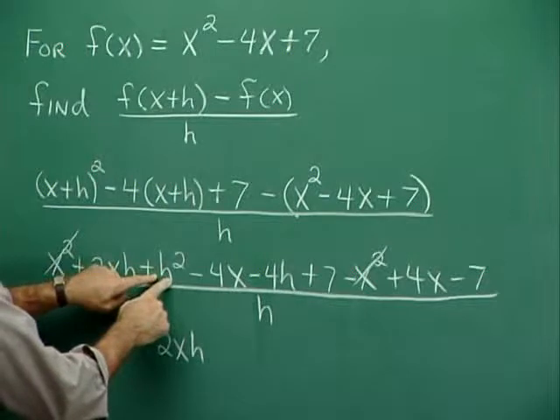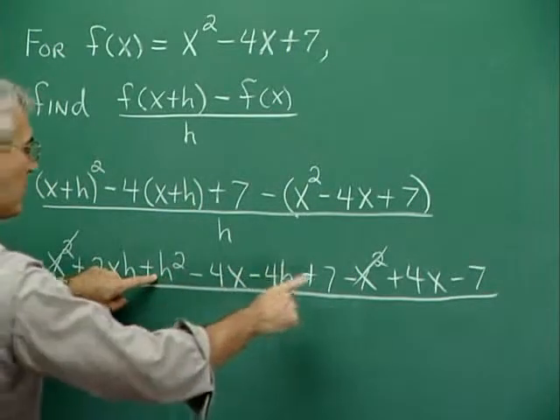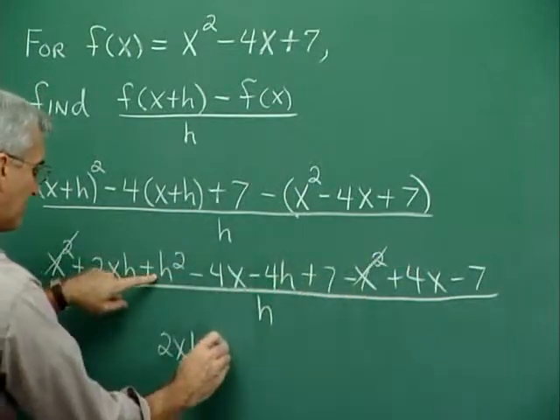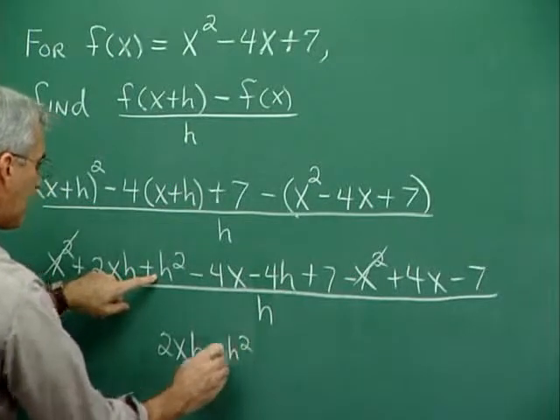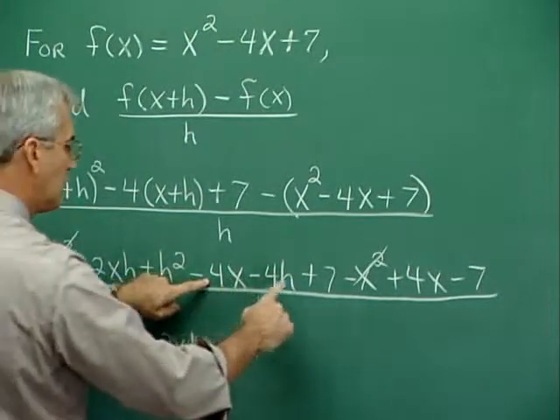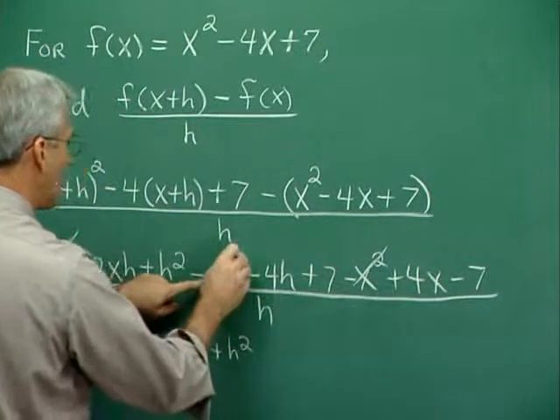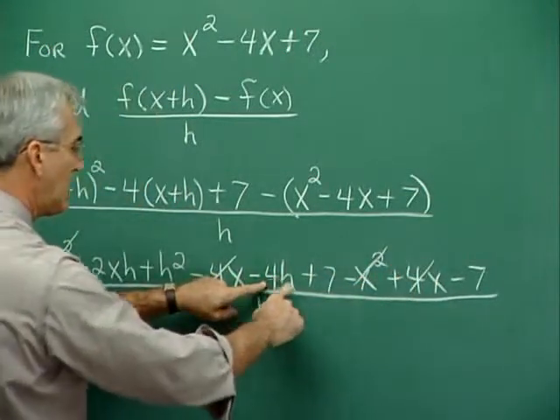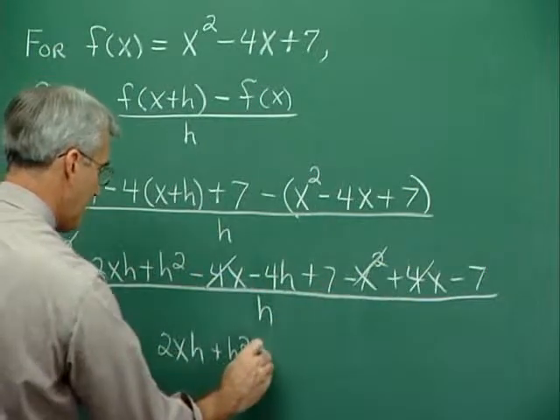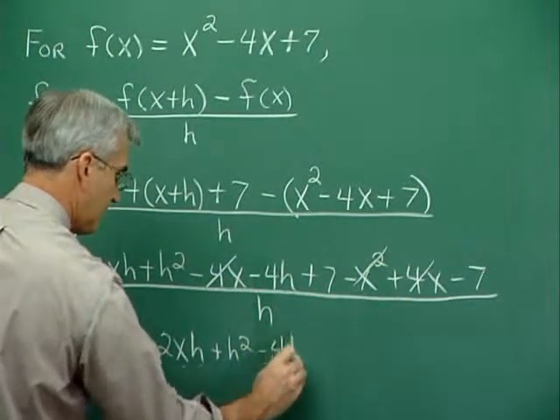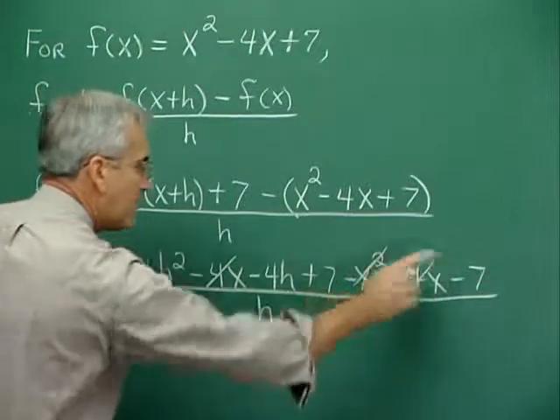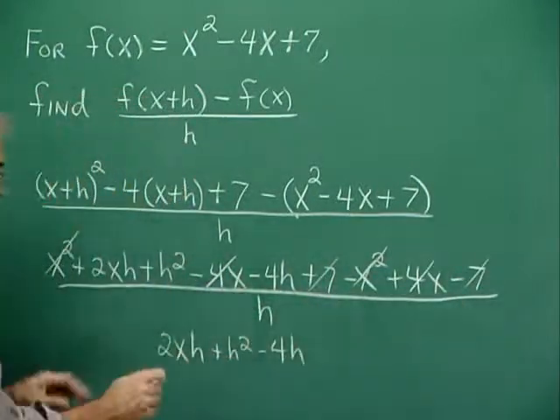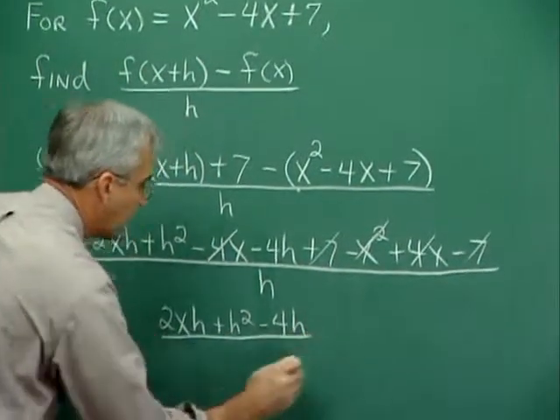I have h squared here and no other h's, so I have plus h squared. I have minus 4x plus 4x. Those go out. I have minus 4h and no other h's. And I have 7 and minus 7. Those go out. So a lot of things kind of drop out by themselves.